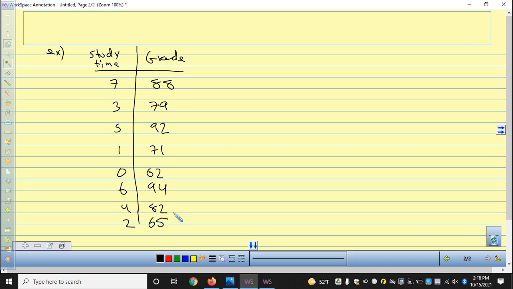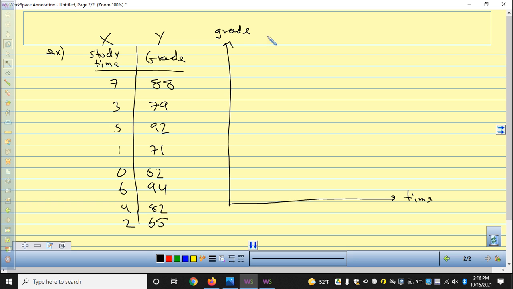So to make our scatter plot, all we do is think of this first column as the x and the second column as the y, like we always do. And we just make a graph of these points. So I'm going to say this is time and this is grade. Now we need to get an appropriate scale, a good scale. Well, for our x-axis, the time goes up by 1.